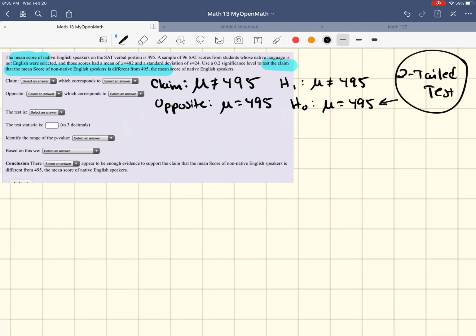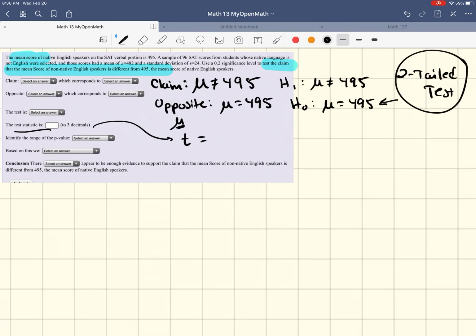Okay, on to the test statistic. Always have to find that regardless of whether you're using the p-value method or the critical value method. And in this case, we're going to use the student t test statistic because we're dealing with means.